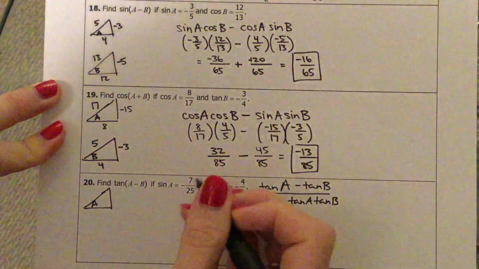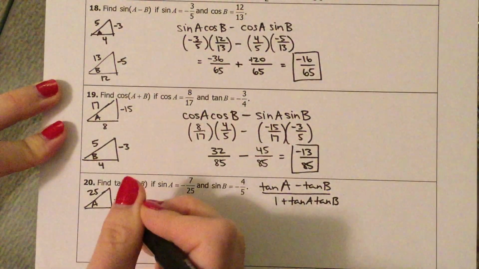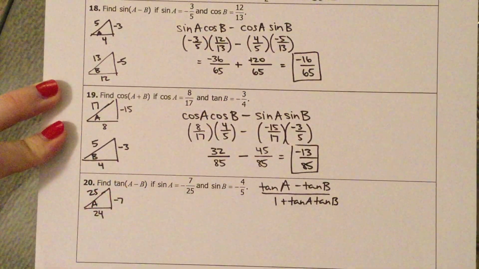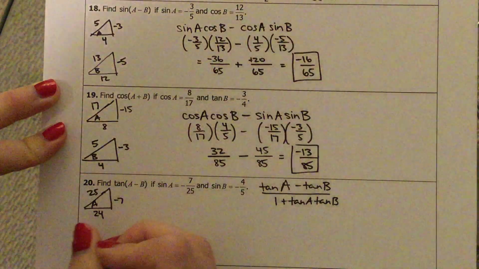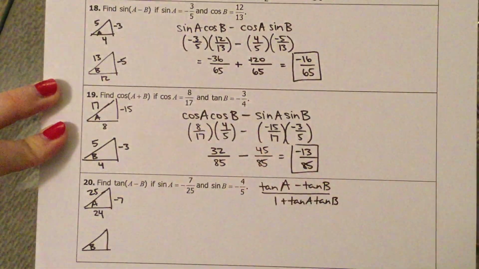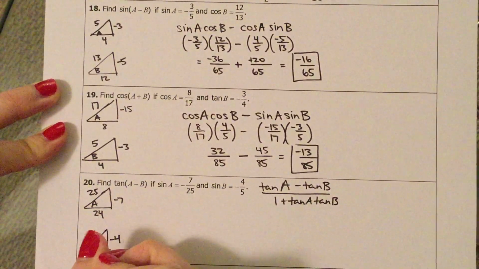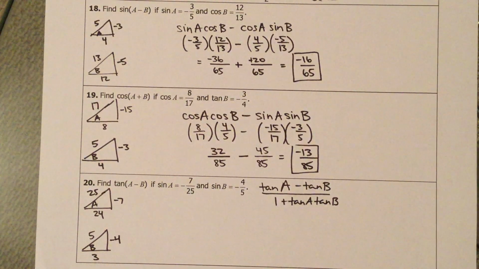So here's A. Sine would be the opposite over the hypotenuse. And if you recognize this one, this is a 7, 24, 25 triangle. And B. Sine is opposite over hypotenuse. This is a 3, 4, 5.